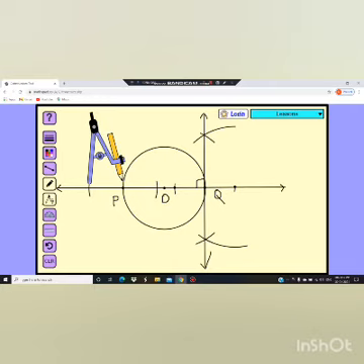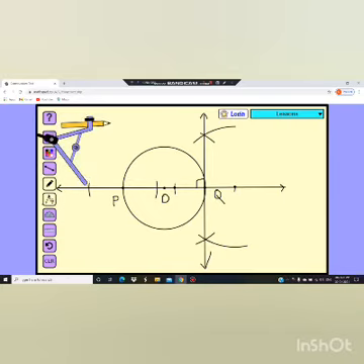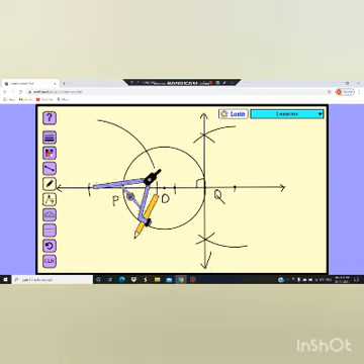Keep the pointer on one of these intersecting arcs, and in a rounder take the distance between these two arcs, and upside and downward we have to draw the arcs. Okay, now downward also we have to draw.